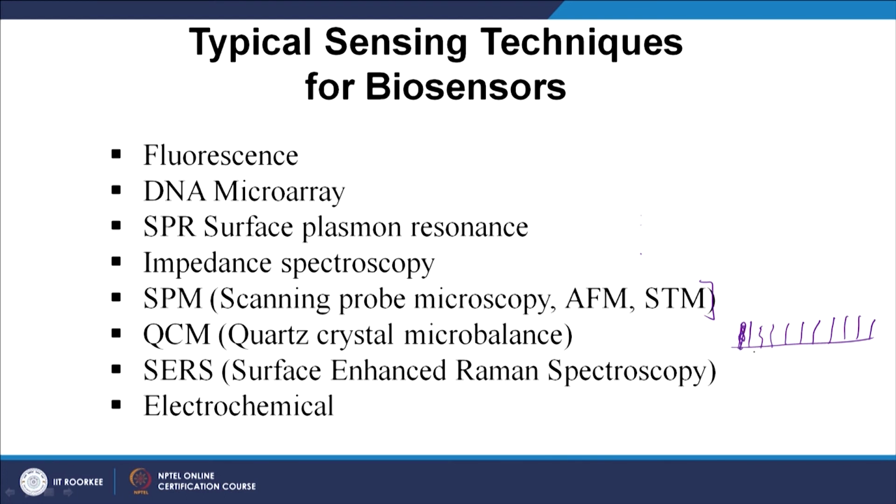Your AFM needle, which is a cantilever with a pin at the top, when it reads your surface, will notice, oh, there is some change here. So, now you get your data. So, this is SPM, scanning probe microscopy, AFM, STM based biosensors. Scanning tunneling microscopy also can be used.